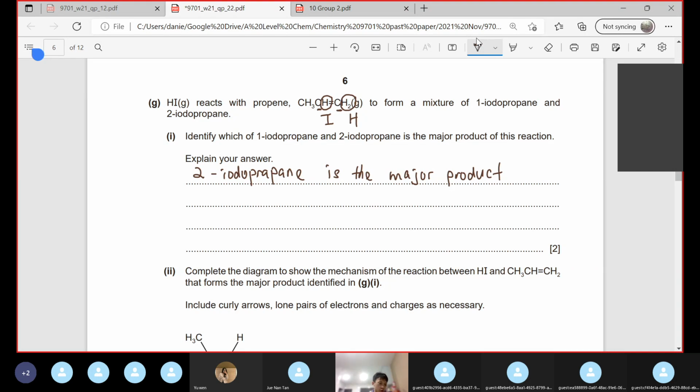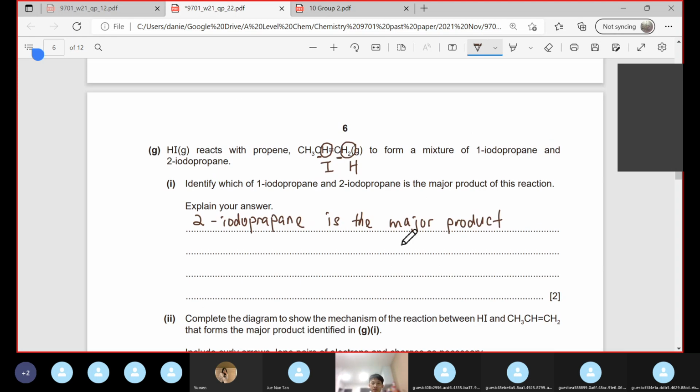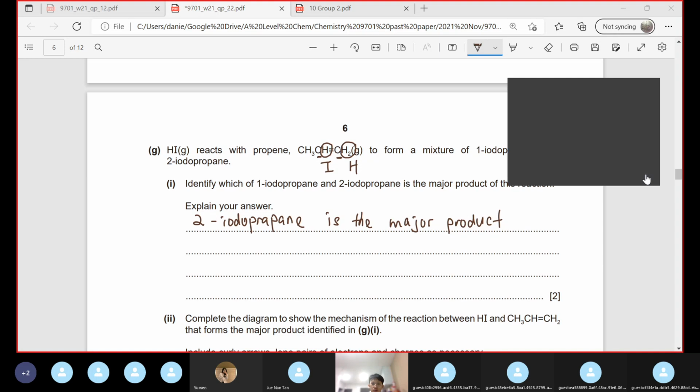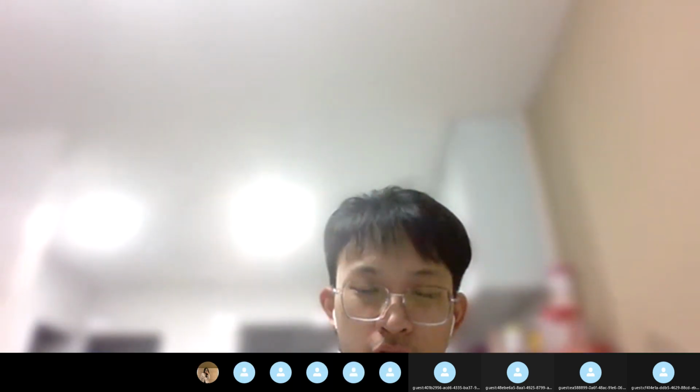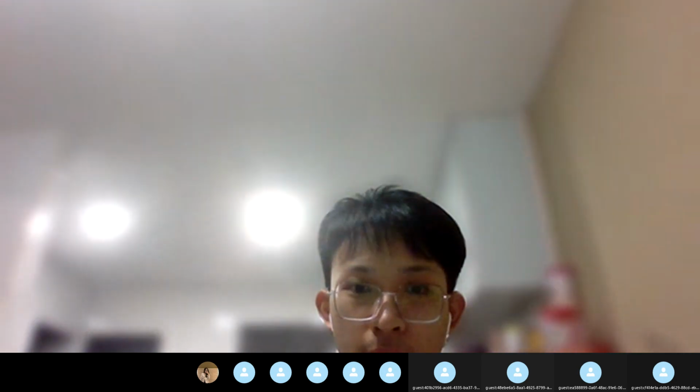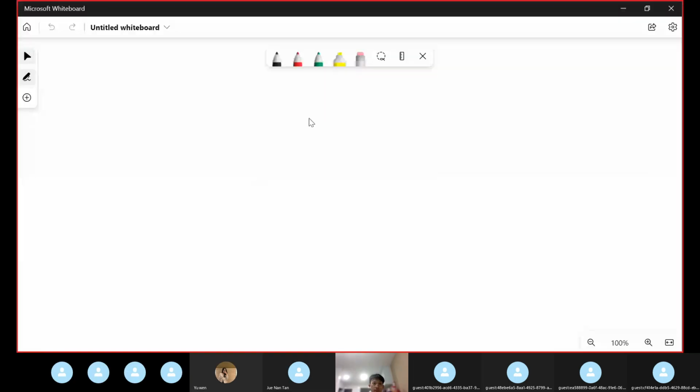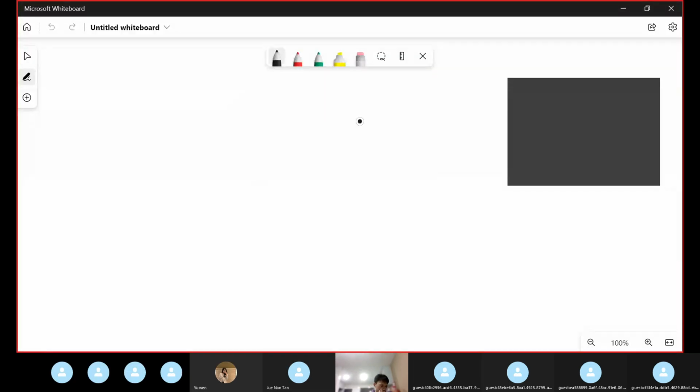So to form 2-iodopropane, I think I shift to here to explain it better. So for 2-iodopropane, we start from the propene.